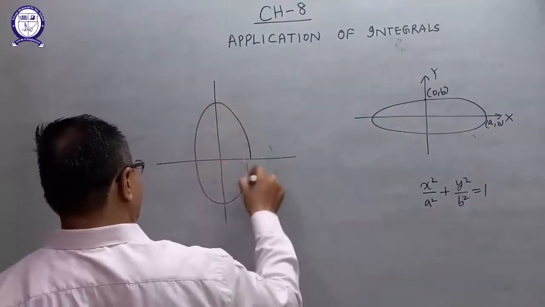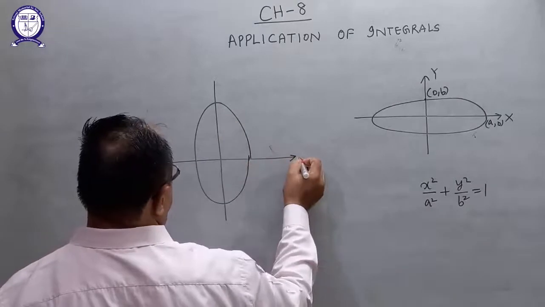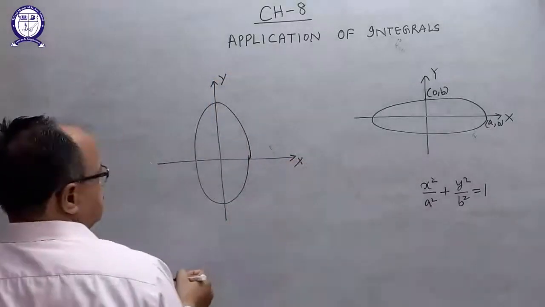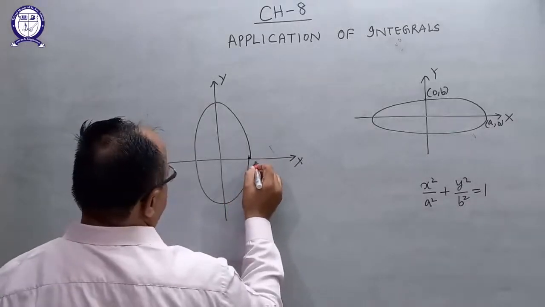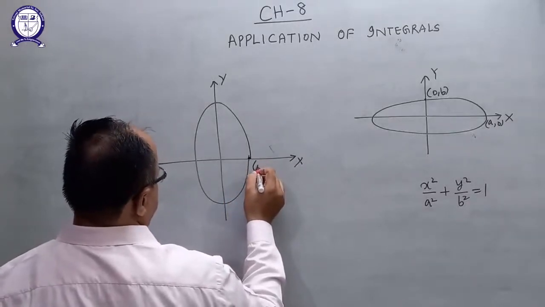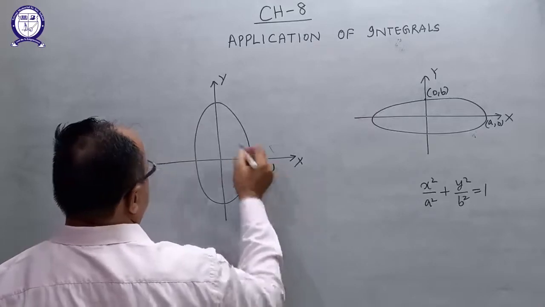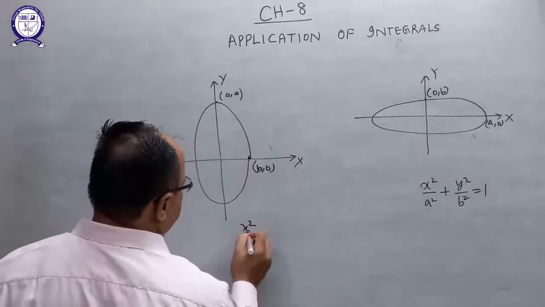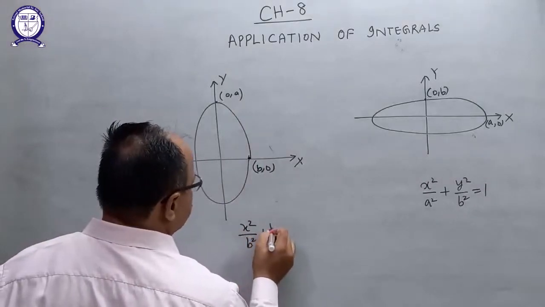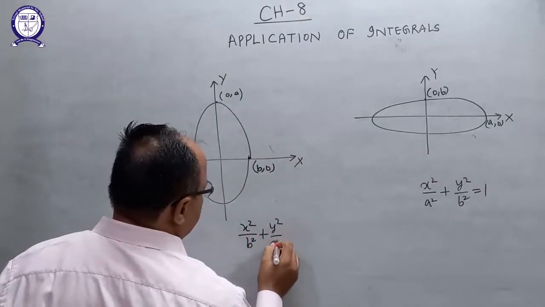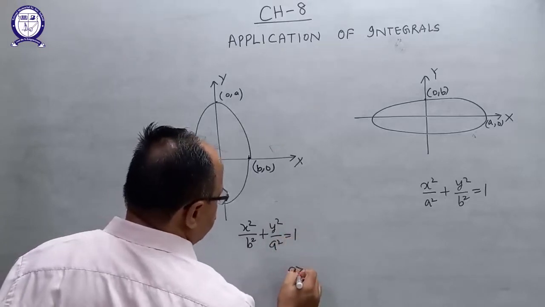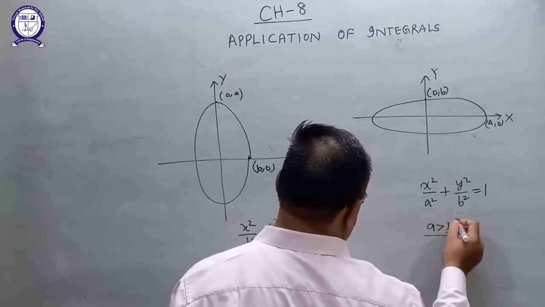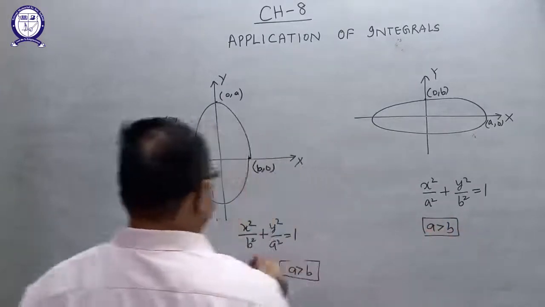And this is called a vertical ellipse, with points (b, 0) and (0, a). Therefore x square by b square plus y square by a square is equal to 1. Here also a is greater than b.